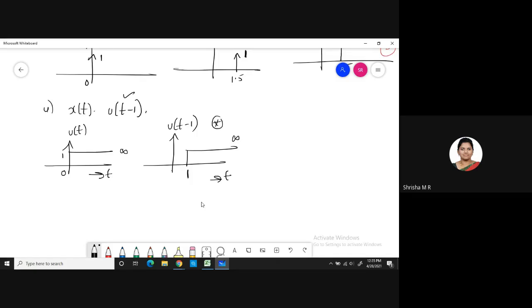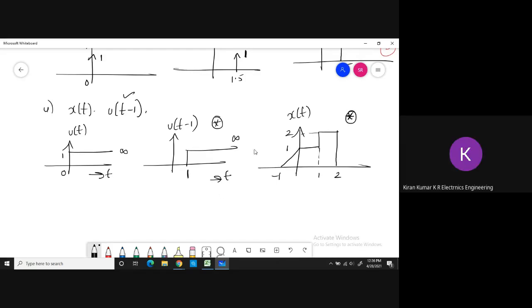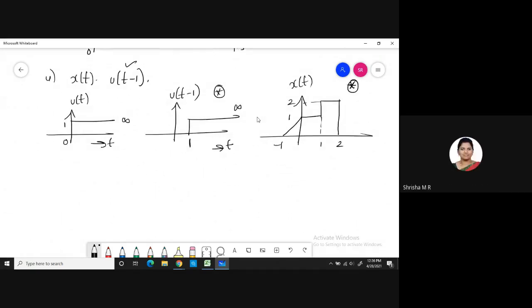Now multiply this with x of t. My x of t is this signal. This is 1 and this is 2. This is amplitude 2, this is amplitude 1. So if you multiply these two, what do you get? From 1 to 2 it will exist, at amplitude 2.